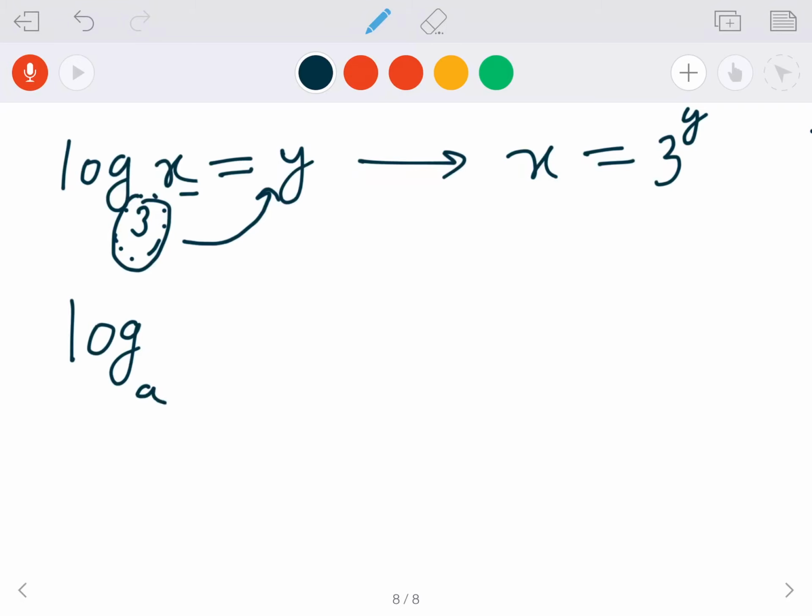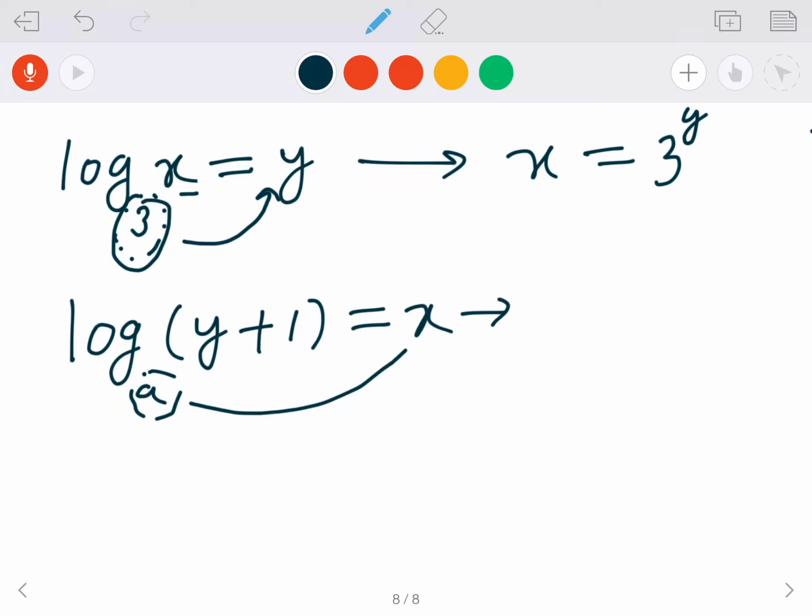Let's say log base a of y plus 1 is equal to x. Like I said, this a on the base is going to move to the base of an exponential function.